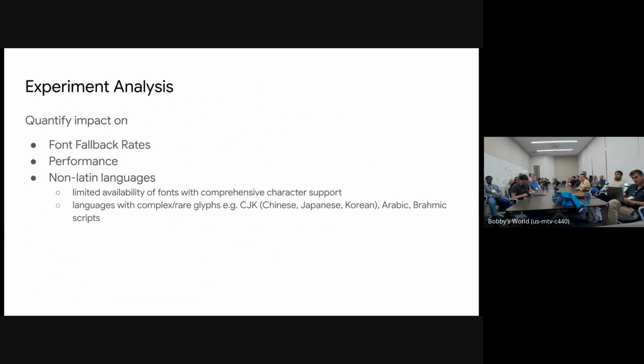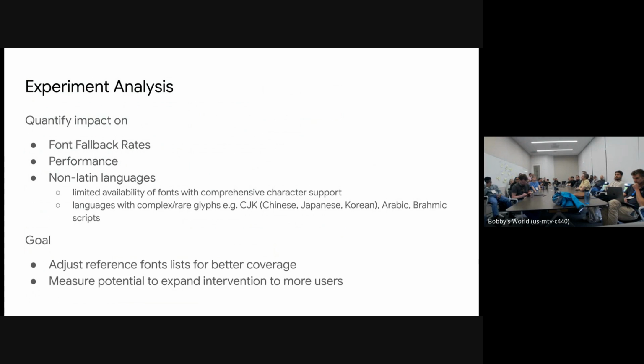We also want to see the impact on less common languages, such as non-Latin languages. Fonts are less available for those types of languages because they have complex or rare scripts that may not have full Unicode coverage. These could be CJK languages or things like Arabic or Aramaic scripts. The goal of this is to adjust our reference font list for better coverage. And we also want to see whether we can expand this intervention to more users.